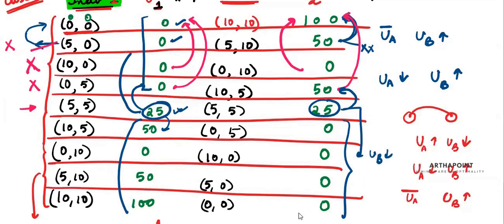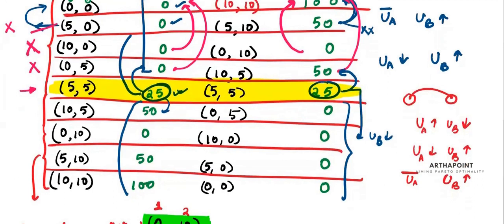So which means that you cannot find any point such that utility of both the individuals is increasing simultaneously when you move away from this point. This point is called a Pareto efficient point.